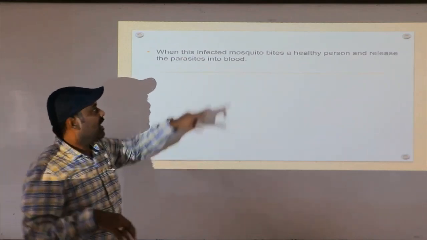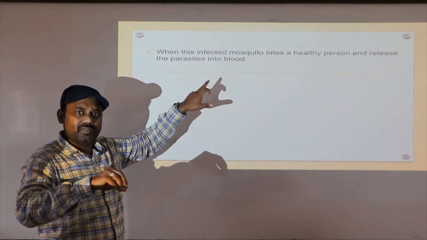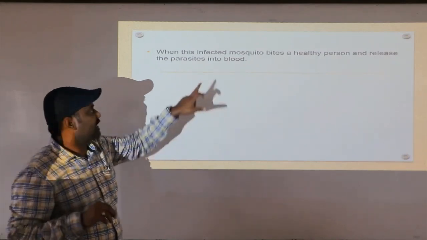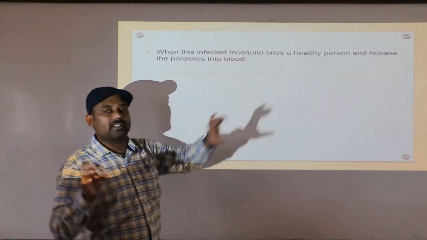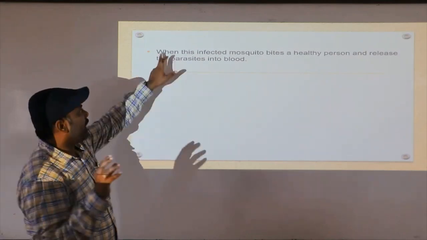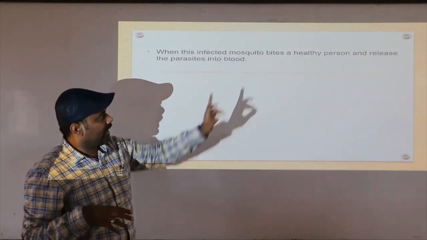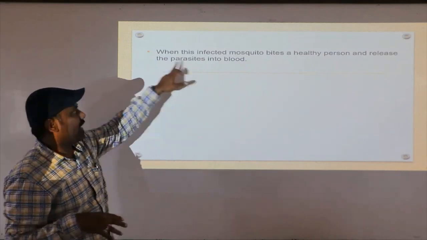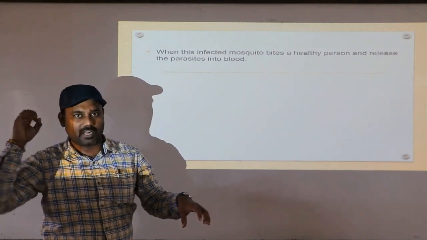The mosquito which contains sporozoites, the malarial parasite, is considered an infected mosquito. So when this infected mosquito bites a healthy person, it releases the parasites into the blood before sucking blood from the normal person.